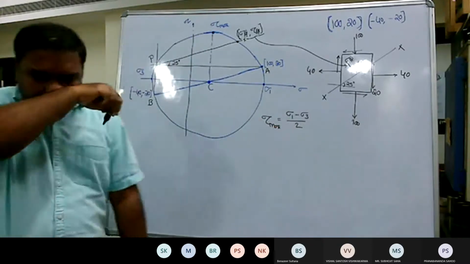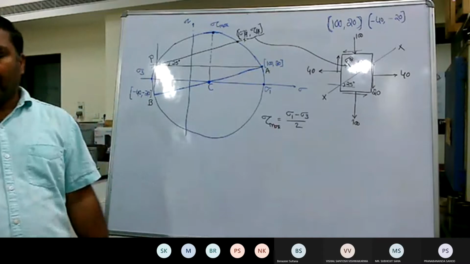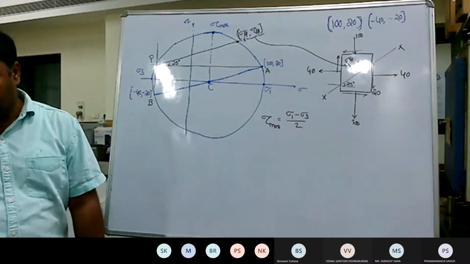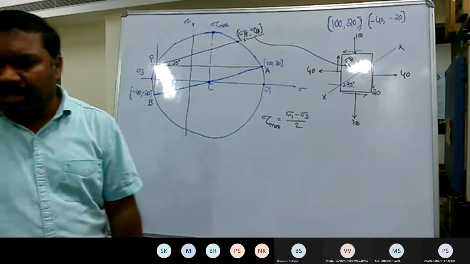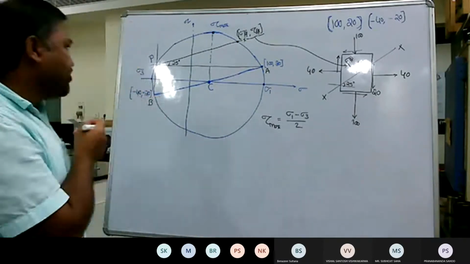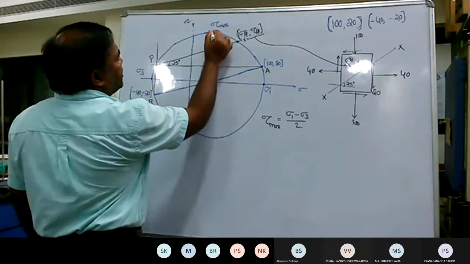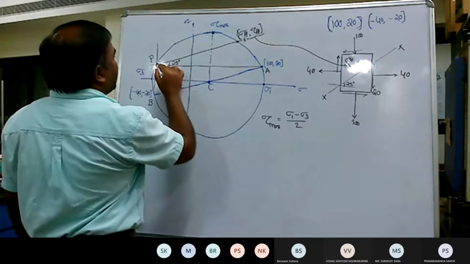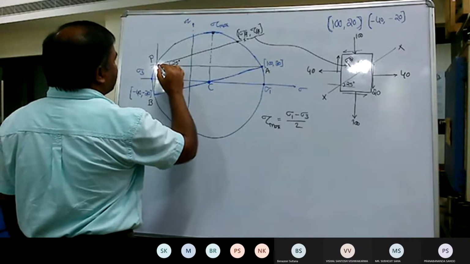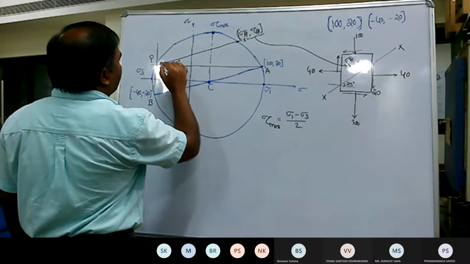Now suppose somebody asks what is the angle made by the failure plane with respect to the maximum shear stress. The maximum shear stress is this point. With respect to the pole as a reference point, you can draw another line.